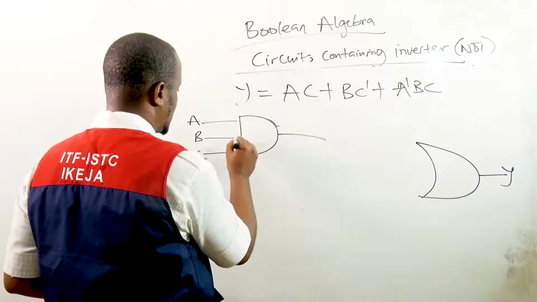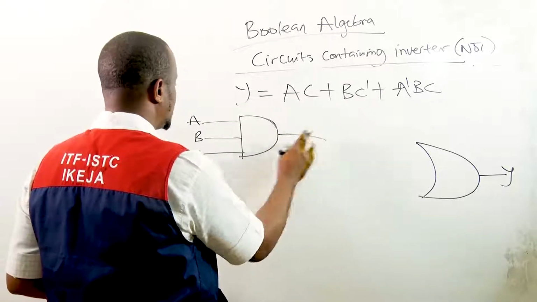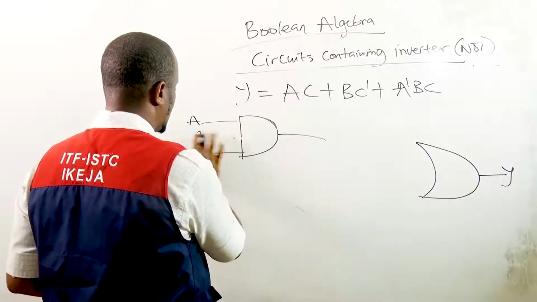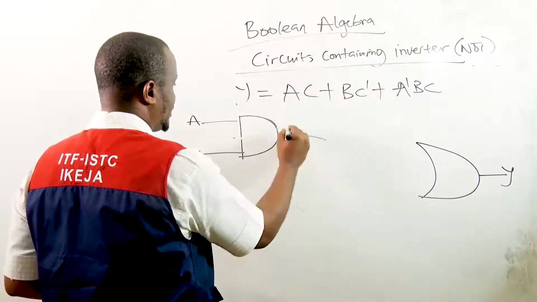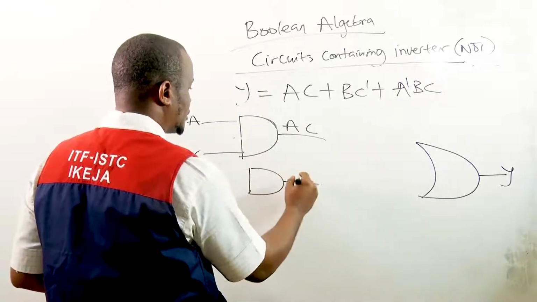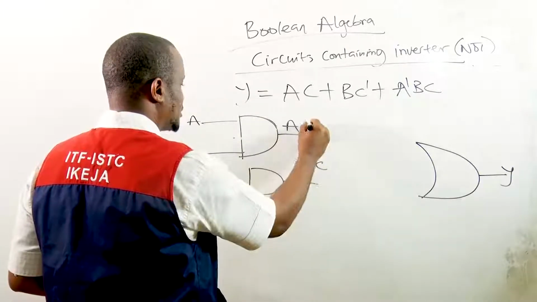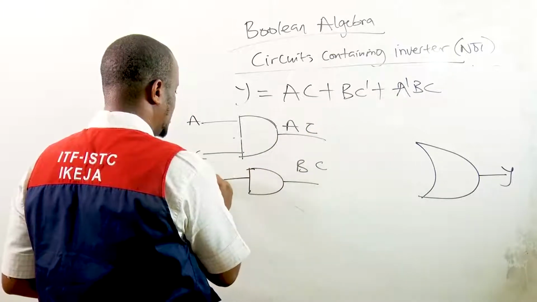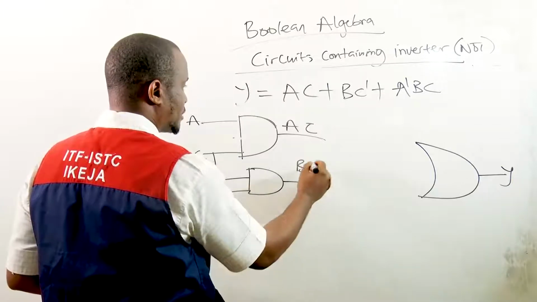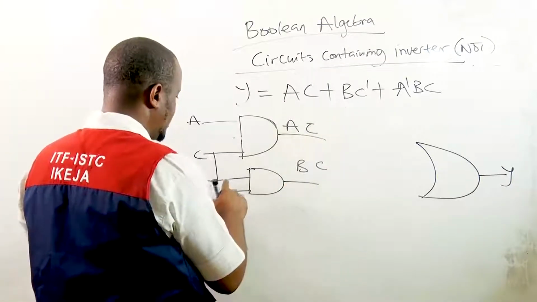This is a C. So for this output here, we have AC, we have another one that will give us BC. So we should have here B, and then C. Okay, and this C has to go through a prime.